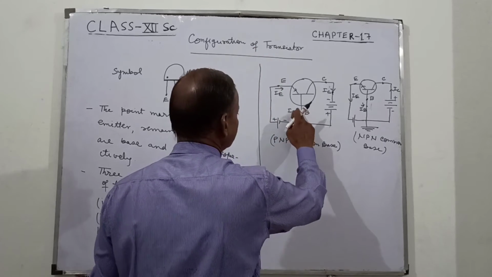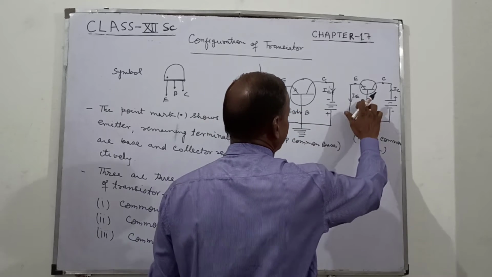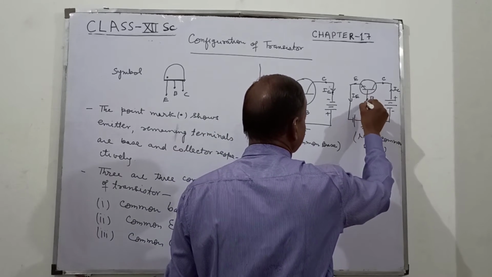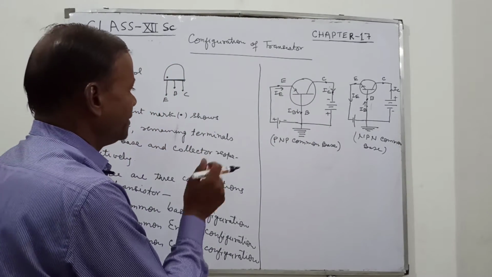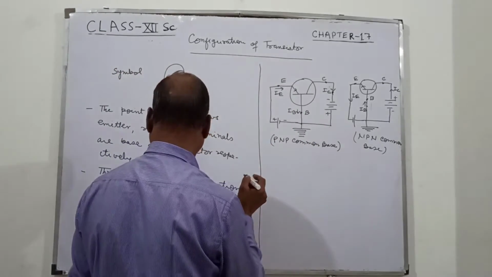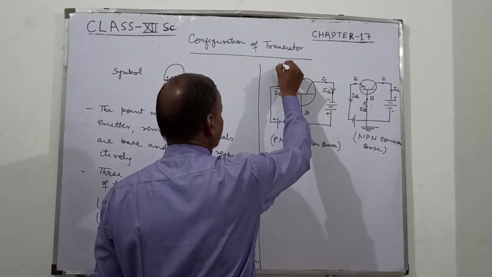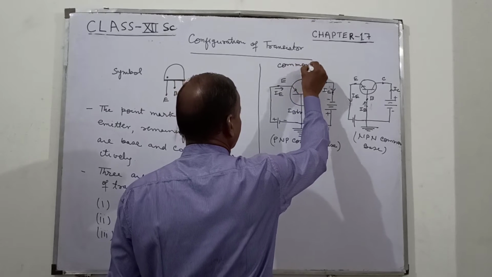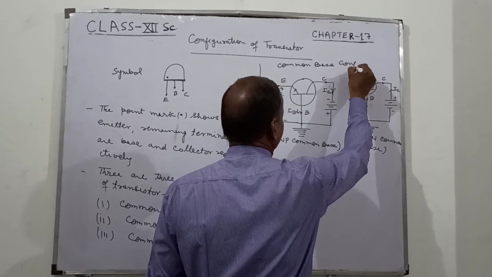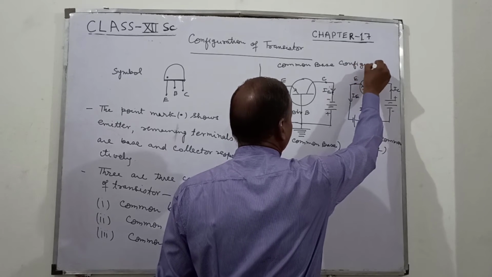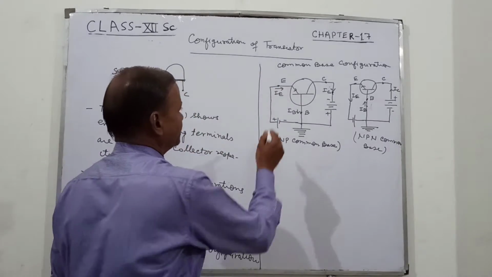This is like this. So this IC is like this. This is IB, then this is now IB like this. So this is PNP and NPN common base. This is the common base configuration.